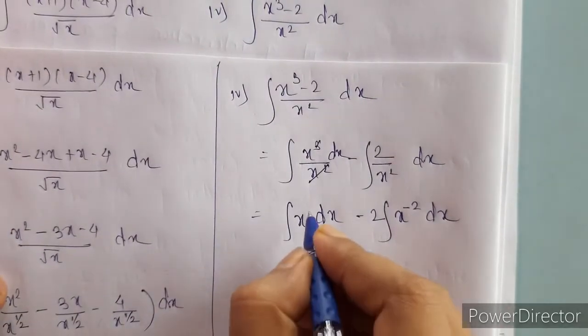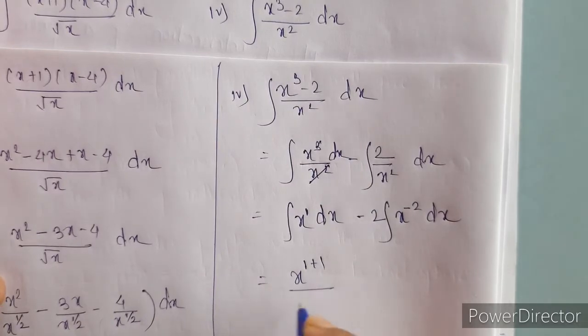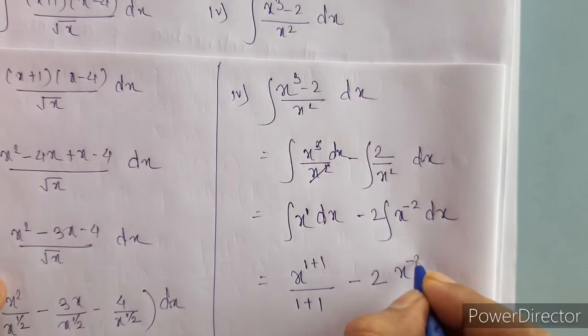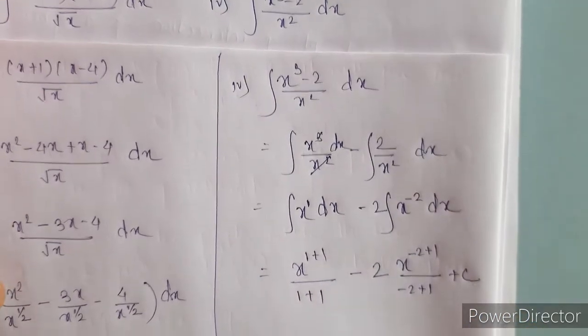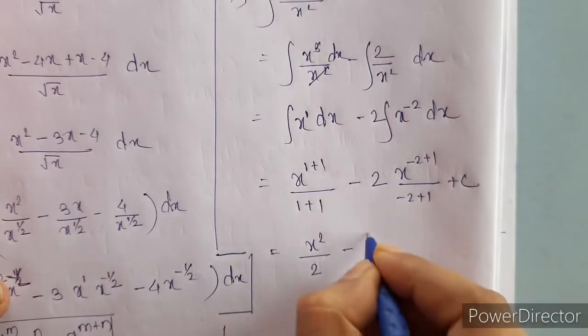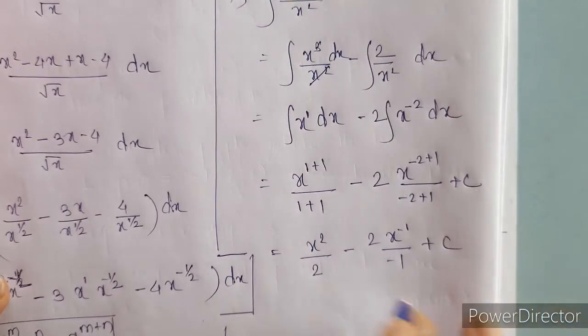And we know that integral of x raised to power n is x raised to power n plus 1 by n plus 1, minus 2 as it is, x raised to power minus 2 plus 1 upon minus 2 plus 1 plus constant. Further we can write this as x square by 2 minus 2 times x raised to minus 1 upon minus 1 plus c.